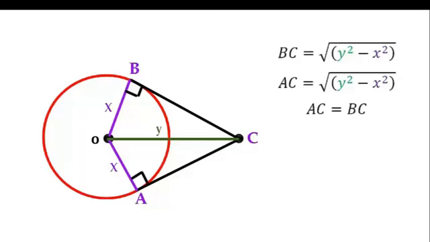So BC is equal to the square root of y squared minus x squared. AC is also equal to the square root of y squared minus x squared. So AC is equal to BC. From those explanations, we can conclude that two tangents to a circle from a given point are always equal in length to where they touch the circle.